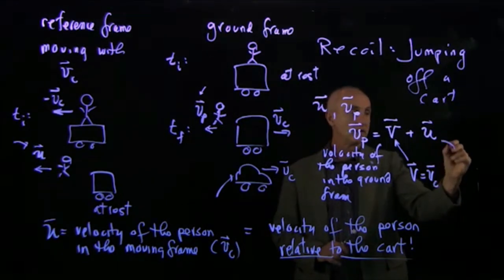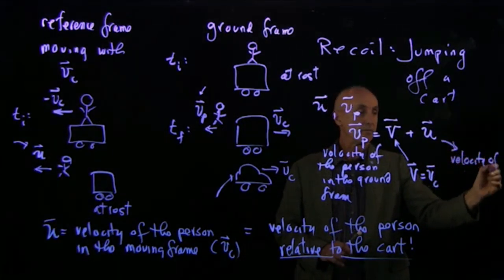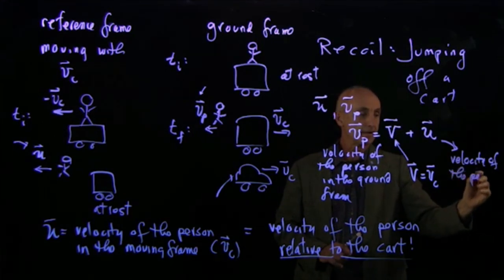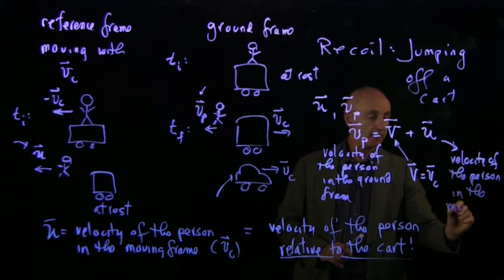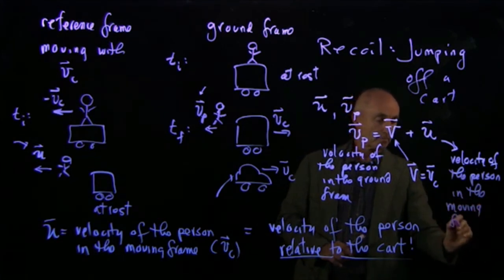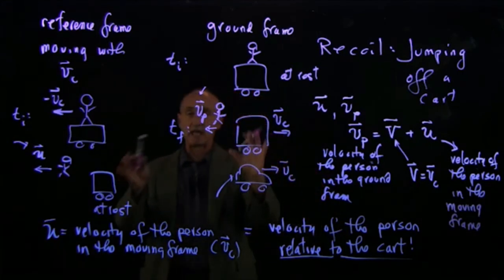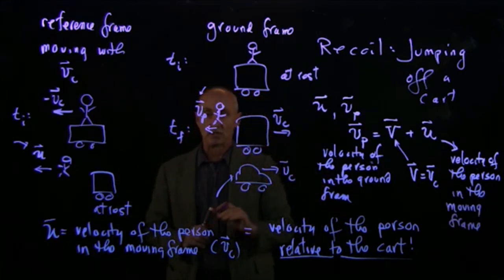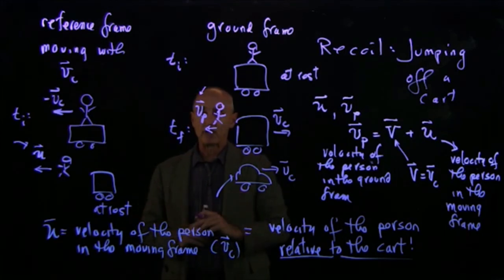And u is the velocity of the person in the moving frame. So this is how we can show the same type of interaction in two different reference frames. Next, we'll figure out what these velocities are.